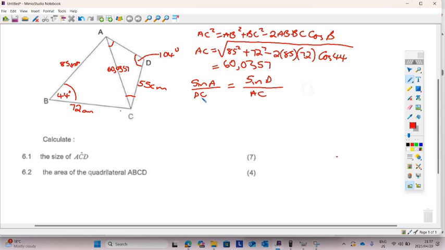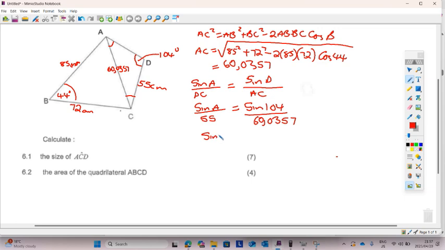My DC is 55, so this is sine A over 55 is equal to sine 104 over AC, which is 60.0357.